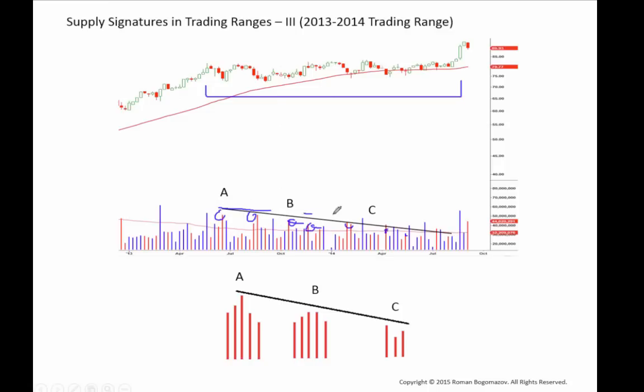And we see that supply is gradually and consistently decreasing from phase A to phase C, and this is what we want to see. So we see the absorption of the supply through this whole structure, and then once we see higher highs and higher lows, this is definitely the place where we're going to want to become very, very active in not just selection but considering opening the position.